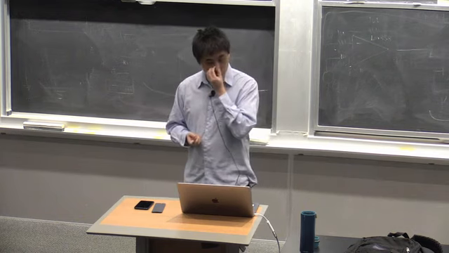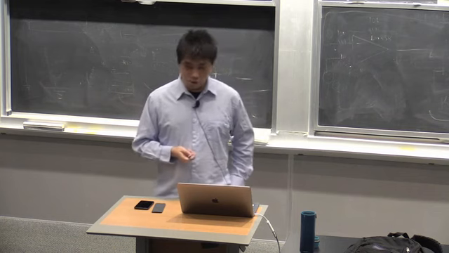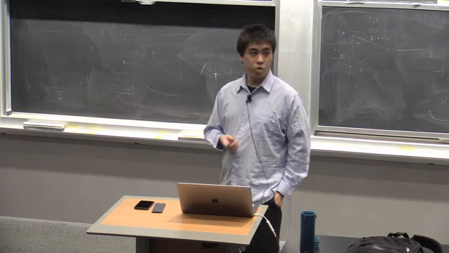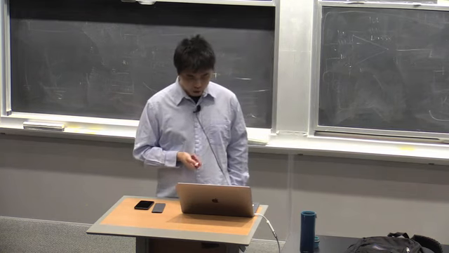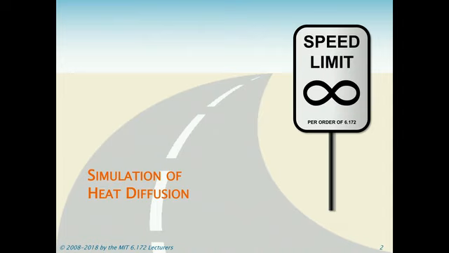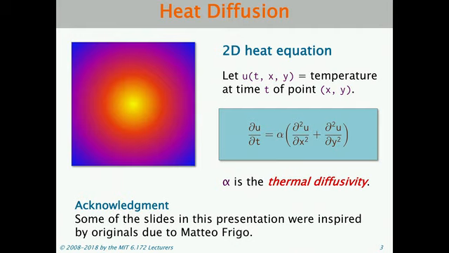So today we're going to talk a lot more about cache-oblivious algorithms. Last time we talked about one cache-oblivious algorithm that was for matrix multiplication, and today we're going to talk about some other ones. So the first example I want to talk about is simulation of heat diffusion. So here's a famous equation known as the heat equation.